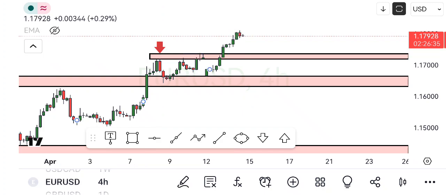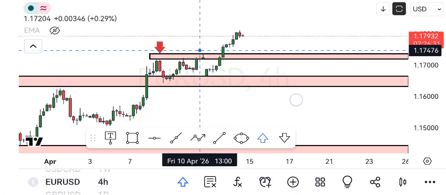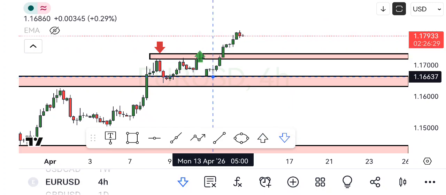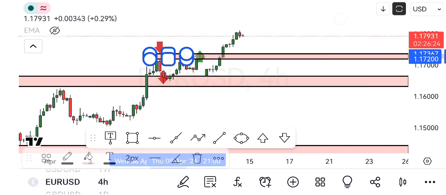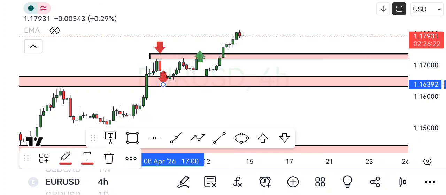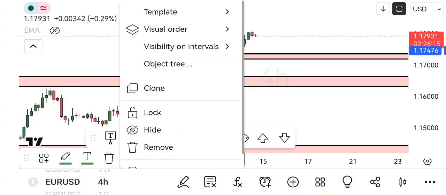Resistance, resistance, support. Oh, what am I doing? Sorry guys, I'm using a phone, by the way. I'm doing all this using a smartphone, because I don't have a laptop or a computer yet.